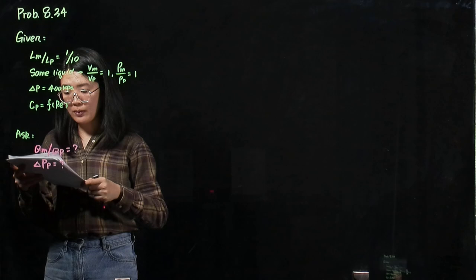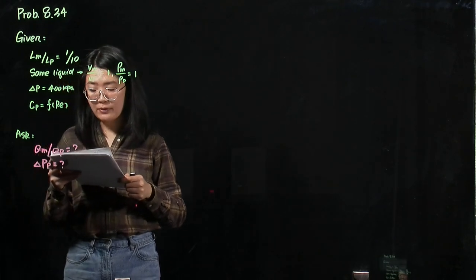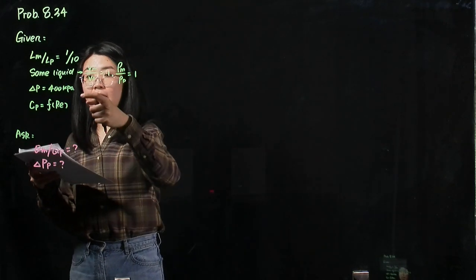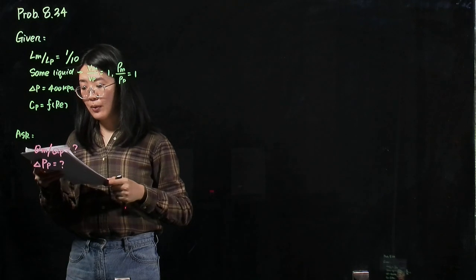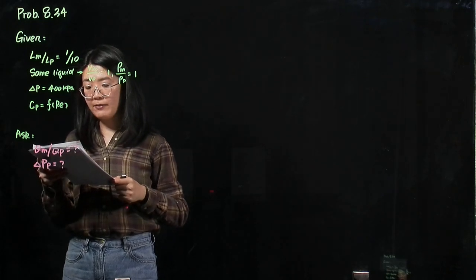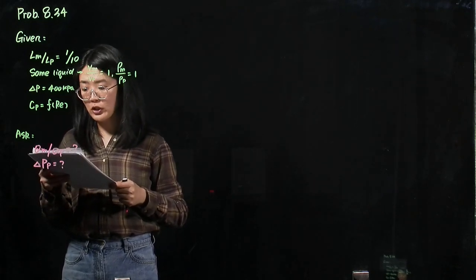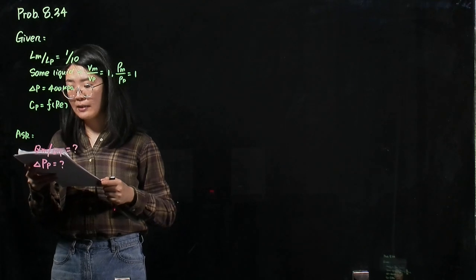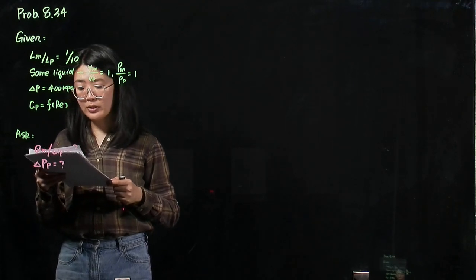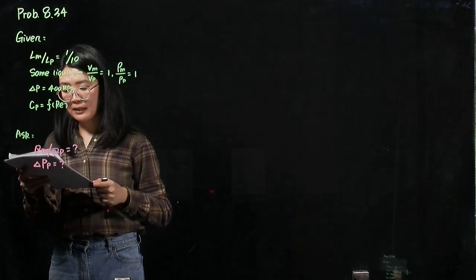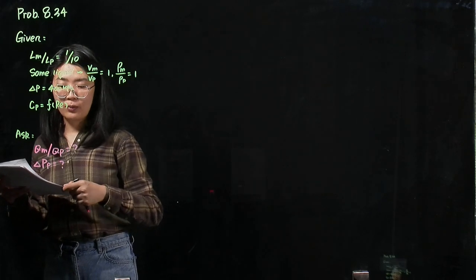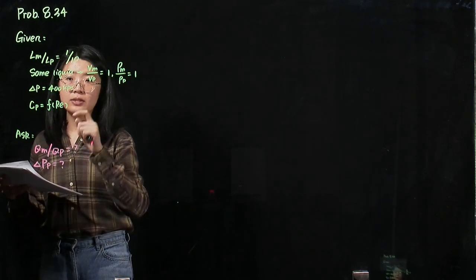The second question is, if a pressure difference of 400 kilopascal is measured across ports in the model for a given discharge, what pressure difference will occur between the similar ports in the prototype for dynamically similar conditions, which is delta P in the prototype?